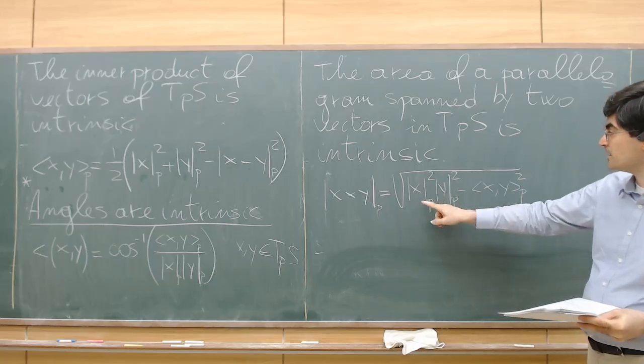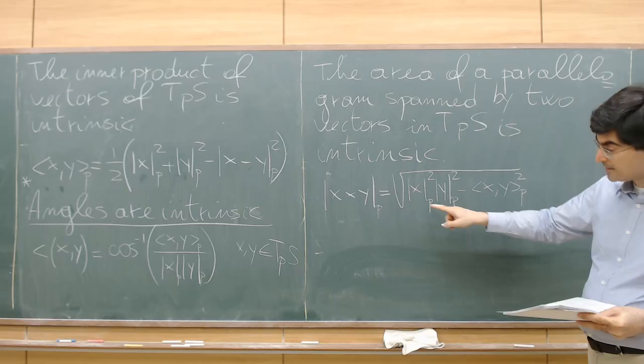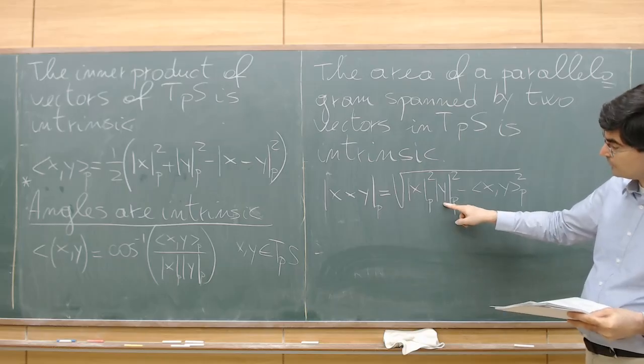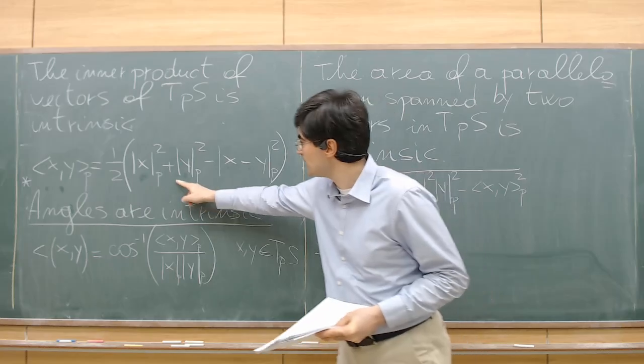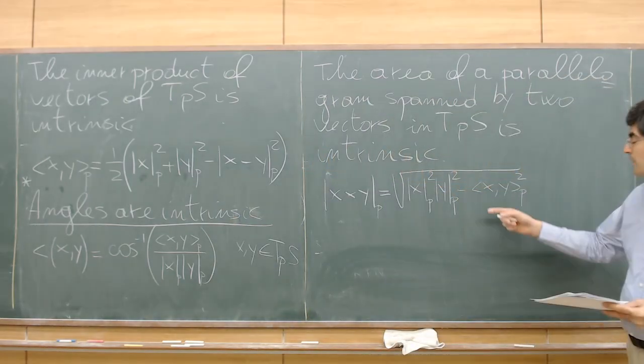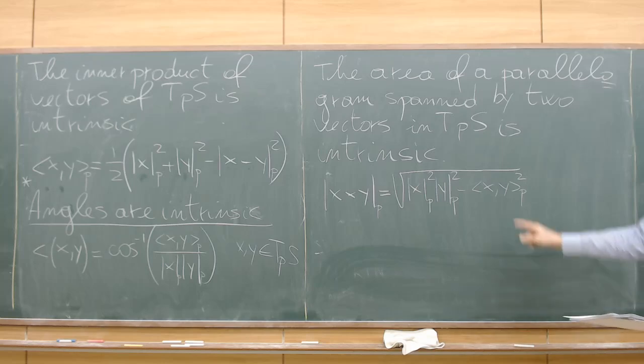Why? Because here you have the first fundamental form of x evaluated at x, the first fundamental form evaluated at y, and once again you can use this formula for expressing this inner product in terms of the first fundamental form.